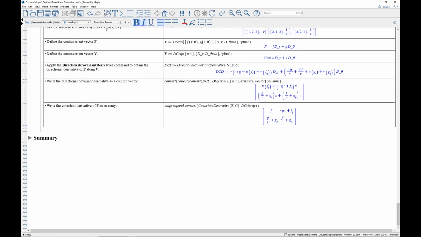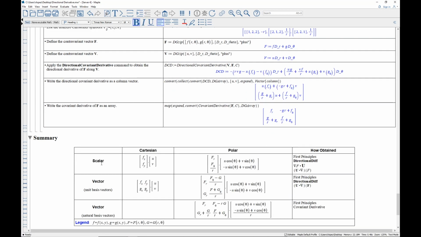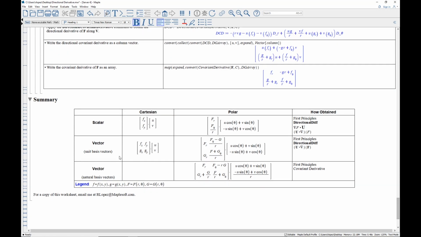And finally, a summary of what we have seen and how we got those results. If you're working with a scalar, in Cartesian coordinates or polar coordinates, these are the things that we could use in Maple.